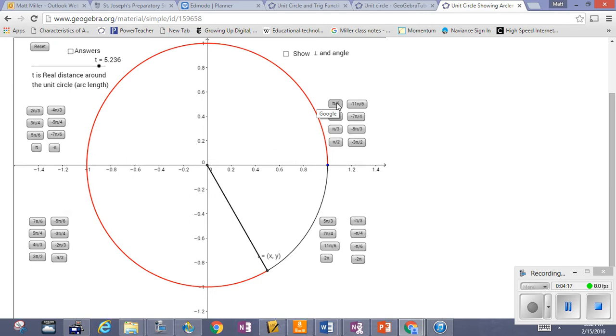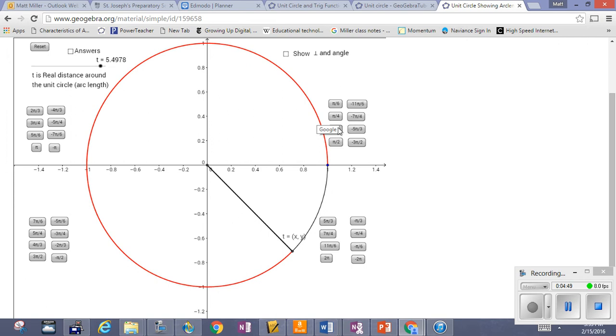So we have the pi over 6 in quadrant 1, the 5 pi over 6 in quadrant 2, the 7 pi over 6 in quadrant 3, and the 11 pi over 6, all with reference angles of pi over 6. Pi over 4 references include pi over 4, 3 pi over 4, 5 pi over 4, and 7 pi over 4.